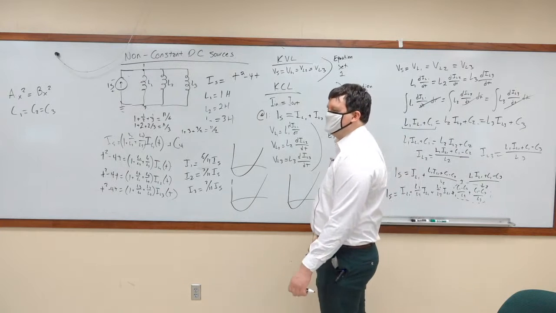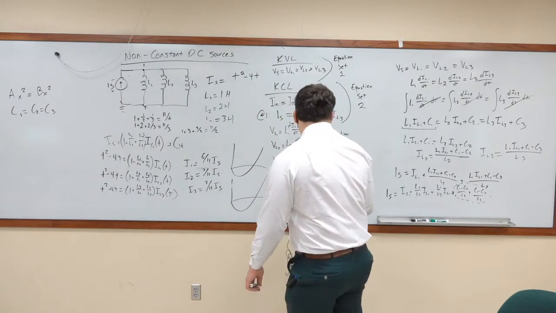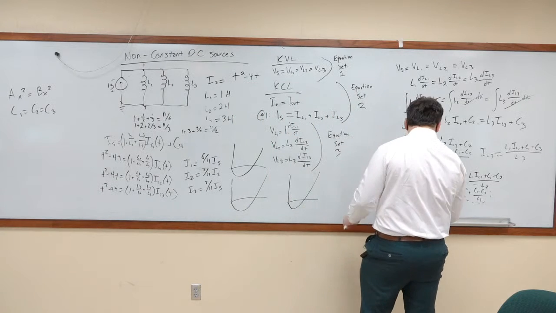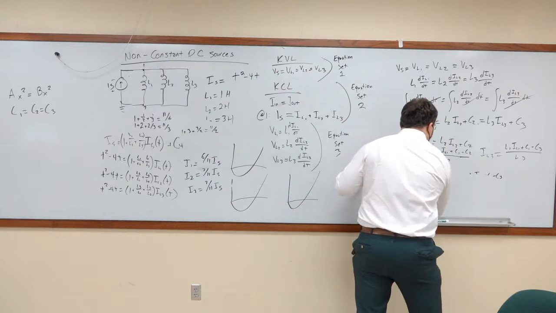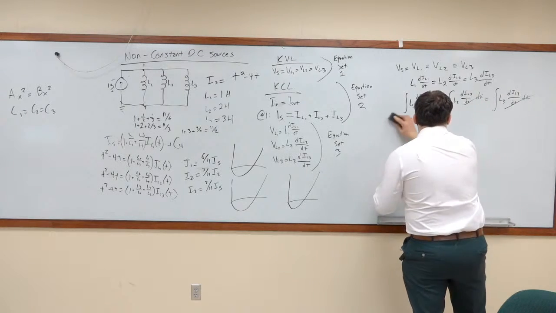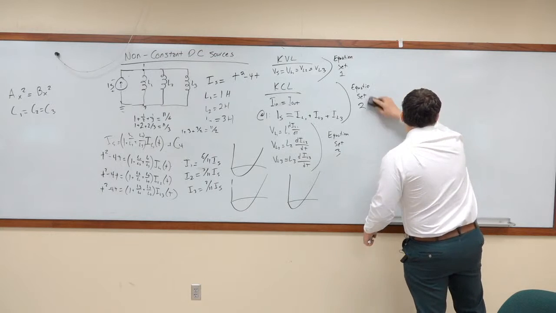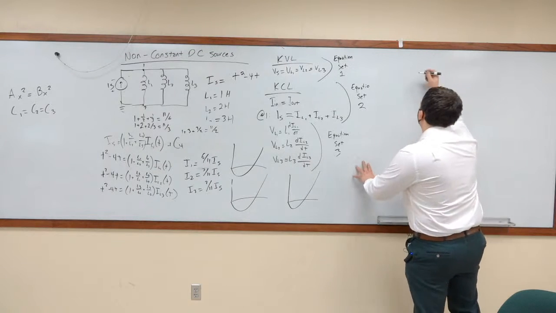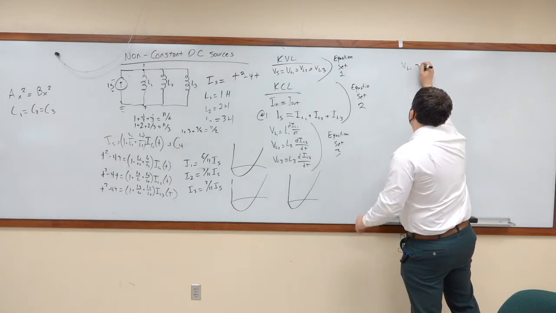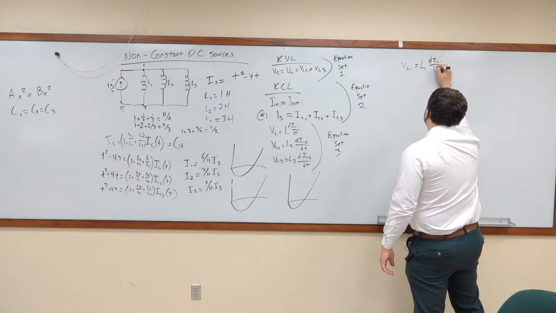So we really only need to calculate the voltage for one of them. VL1 is equal to L1 dIL1/dt.